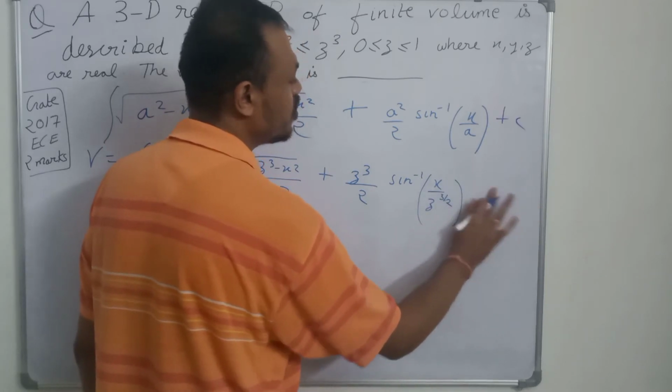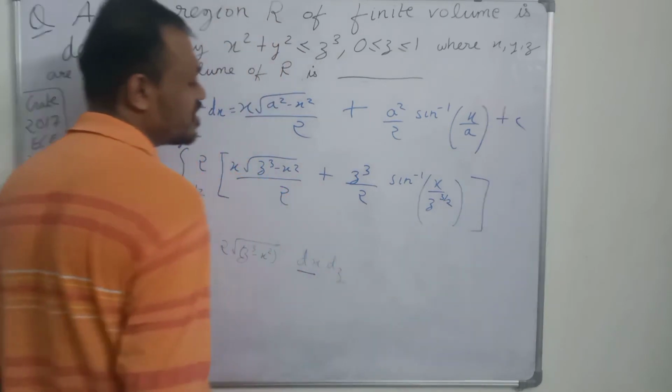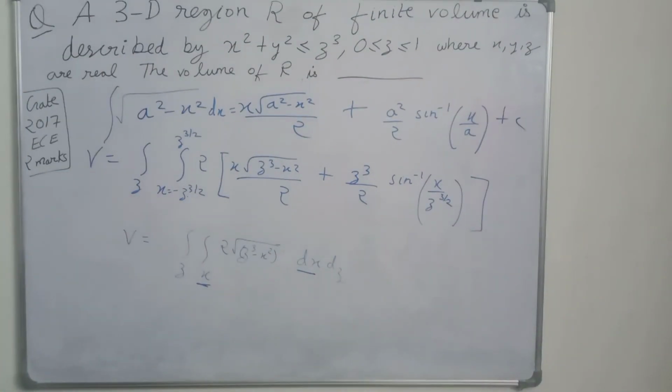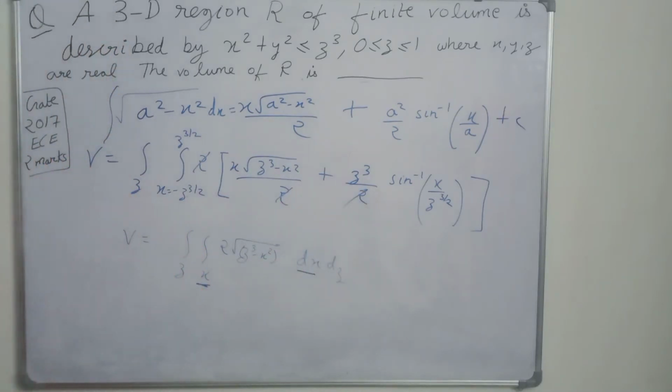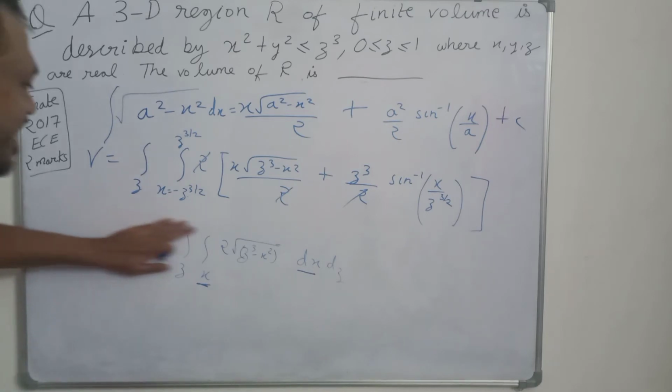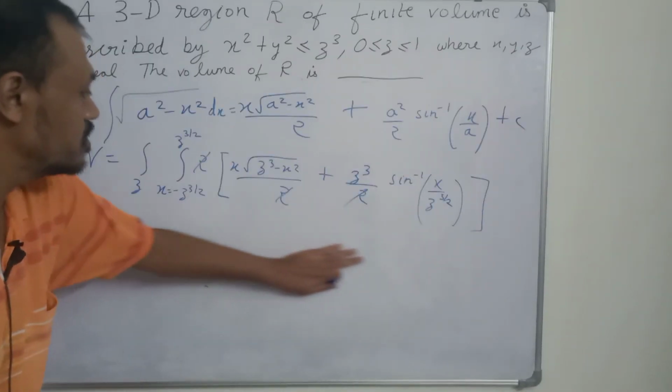We do not need to write the constant c because we are doing a definite integral. So the 2 will cancel with the other 2. This will be the step when we put this formula. So now we can just apply the limits. The lower limit for x is minus z to power 3 by 2.